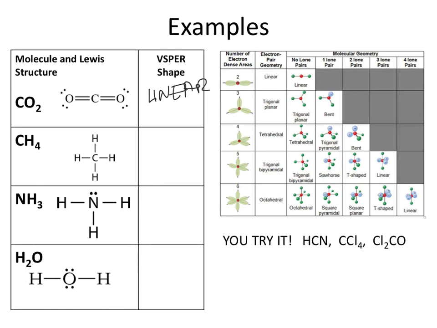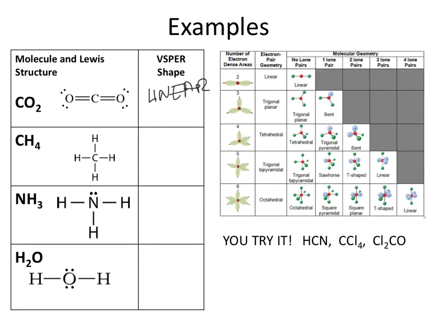Let's look at CH4 or methane. I've drawn the correct Lewis structure here. So let's count how many things around the central atom. We have 1, 2, 3, 4. All of them are bonded, so there's no lone pair, right? So now we have to look at our chart here. We go down 2, 3, 4. Here's my 4.